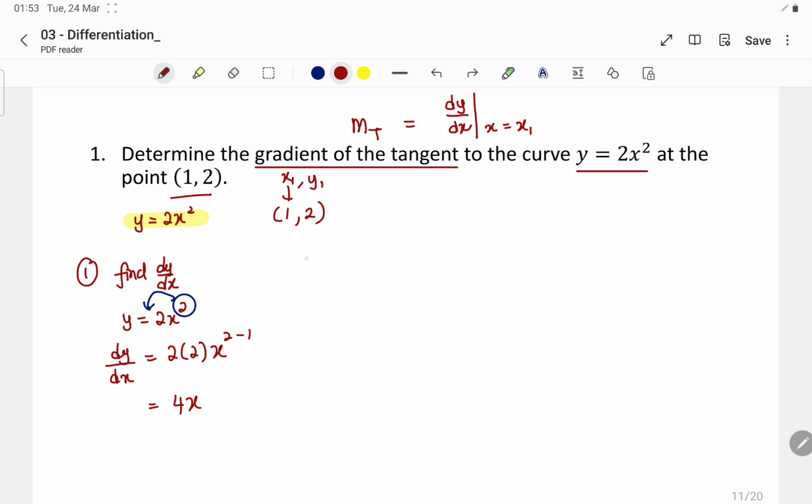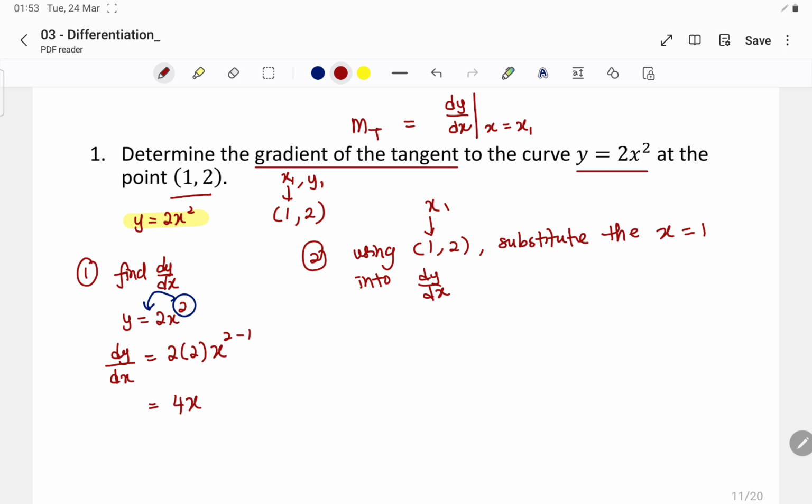Now the second step, using the point that you have here, (1, 2), you substitute the value of x. So where is your x1? This guy. You substitute x equal to 1 into the dy/dx that you got just now.